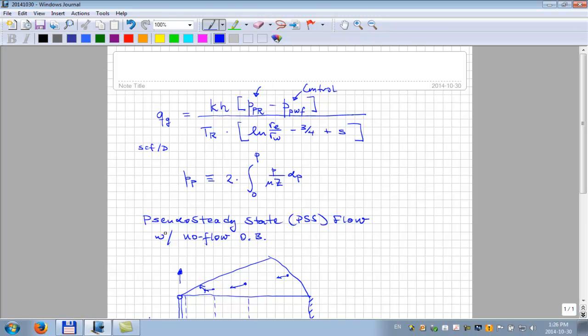And the assumption with this equation is that if we change it right now, the entire drainage area from RW to RE reacts immediately to give us what we want. Okay? So if we change it, the rate's going to be larger at the wellbore, it's going to be larger everywhere, or smaller, depending on how we change PWF. Okay? That's the way it's working.